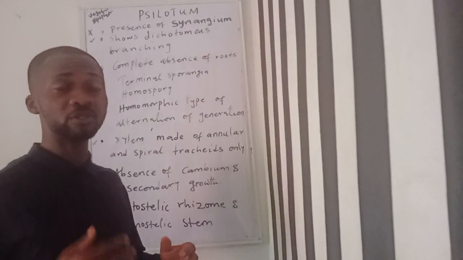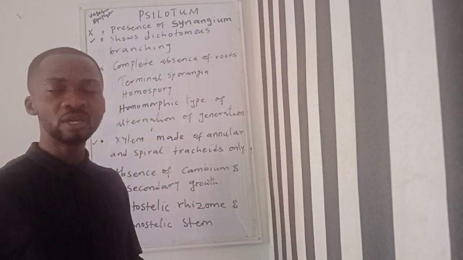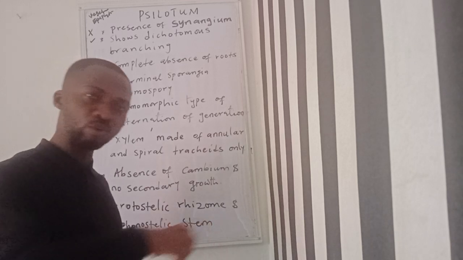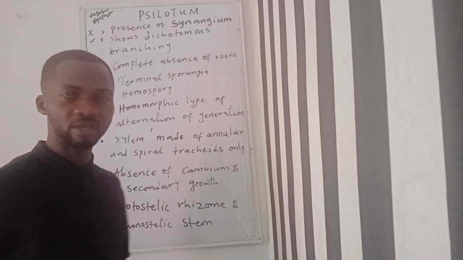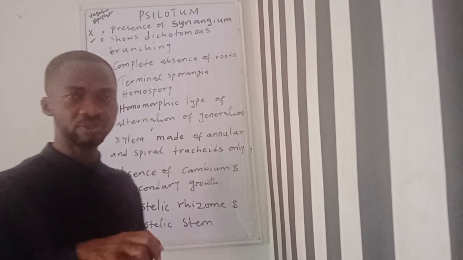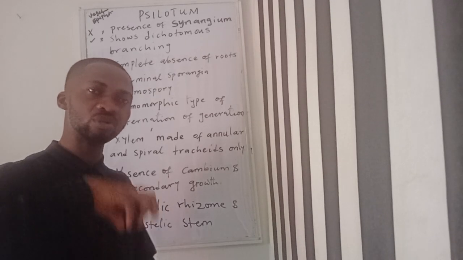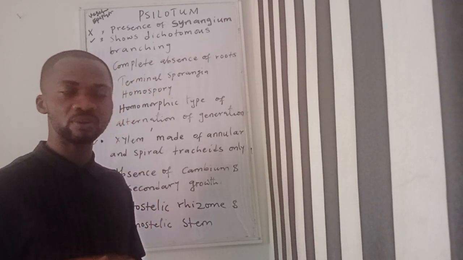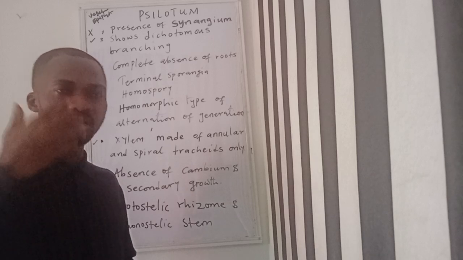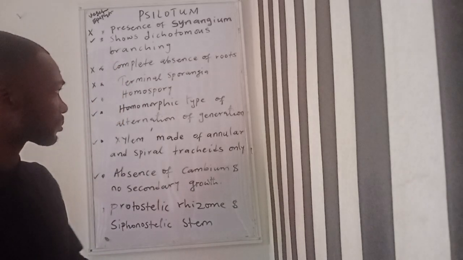Another method of vegetative propagation is by the formation of oval multicellular gemmae, which are usually formed on the surface of the prothallus or the rhizome. You have these gemmae cups found on the surface of the rhizome or prothallus. Through that, Psilotum can also reproduce through vegetative propagation.